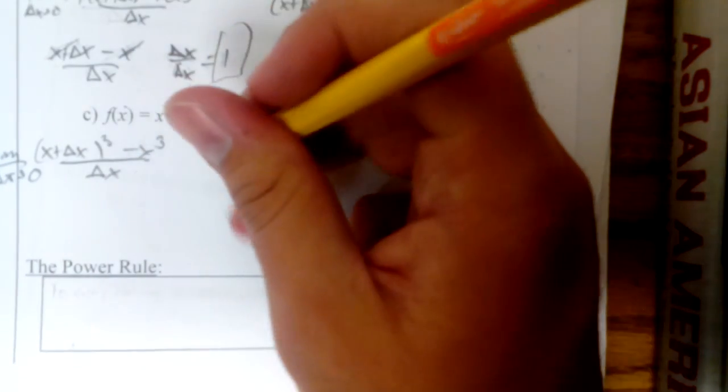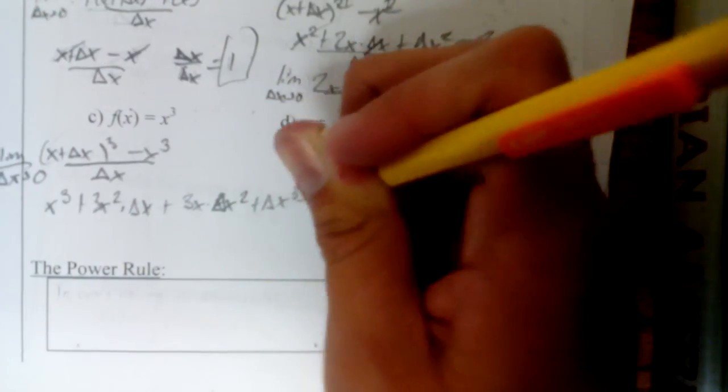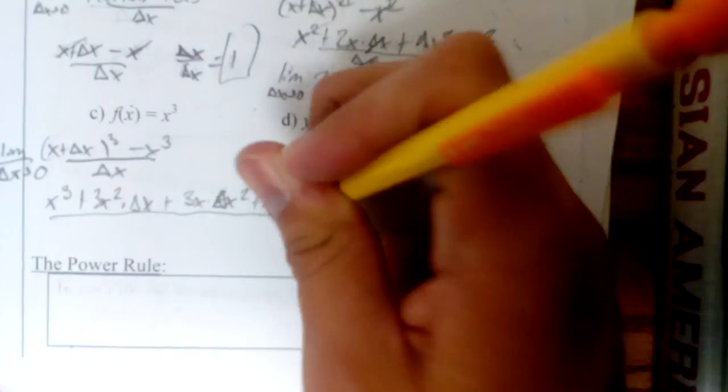To find the derivative of x cubed, you're going to have x plus delta x cubed minus x cubed all over delta x as delta x approaches 0. And so you factor this out, and you get x cubed plus 3x squared times delta x plus 3x times delta x squared plus delta x cubed minus x cubed all over delta x.